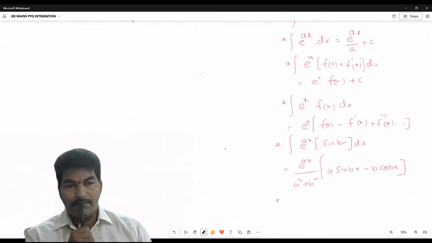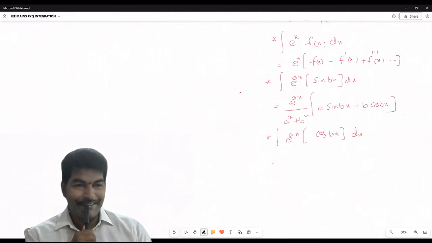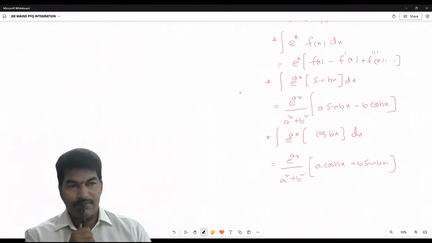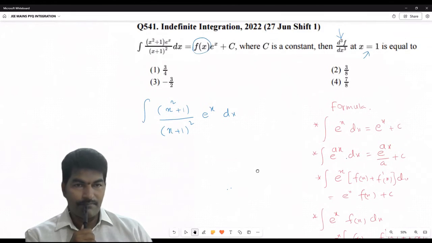Also, we can find some with a cos combination, and the formula is e power ax by (a square plus b square) of (a cos bx plus b sine bx). Of course, you can add constants to all of these answers. I'm not writing the constant.